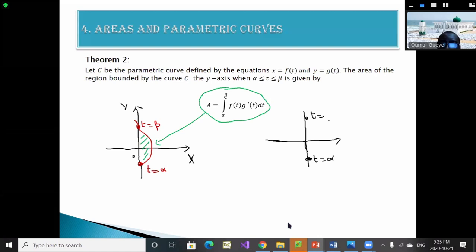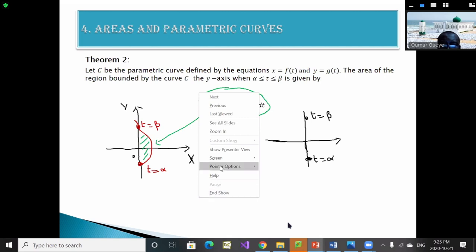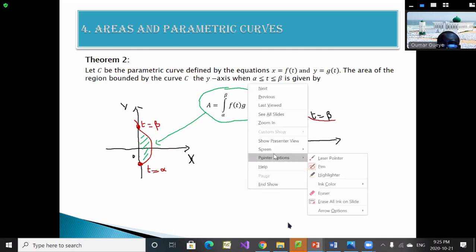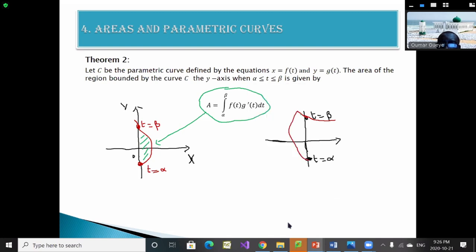Another y-intercept. And so our curve looks like this. For example, again, we want to calculate this area.